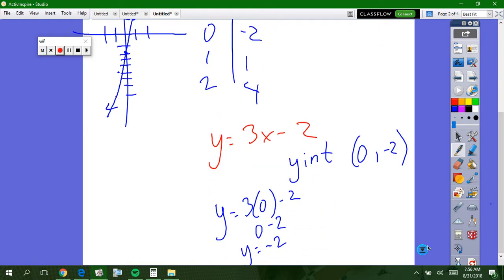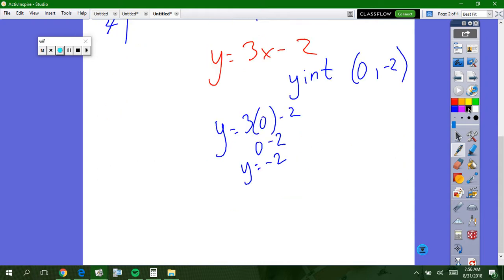Okay. But on our chart, did we have our x-intercept? That's when y was 0. Did we have one of those? We didn't. So let's go ahead and do that. So once again, let's find our x-intercept. Once again, that's when y is 0.